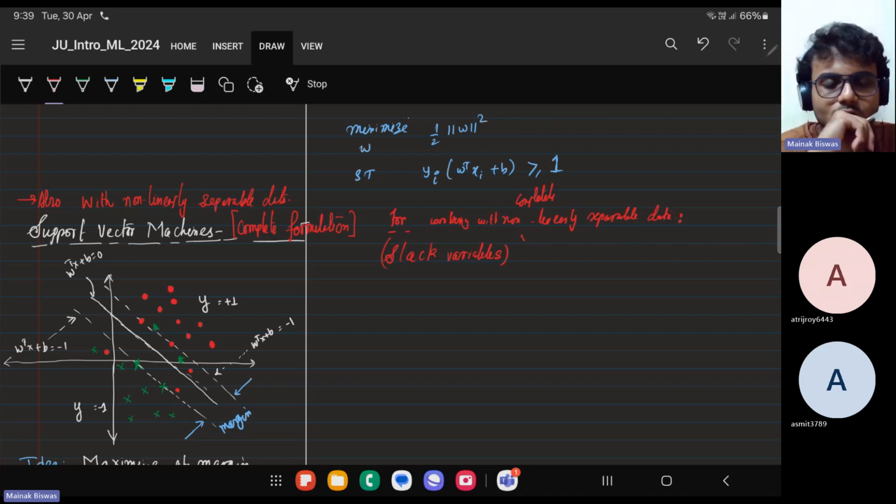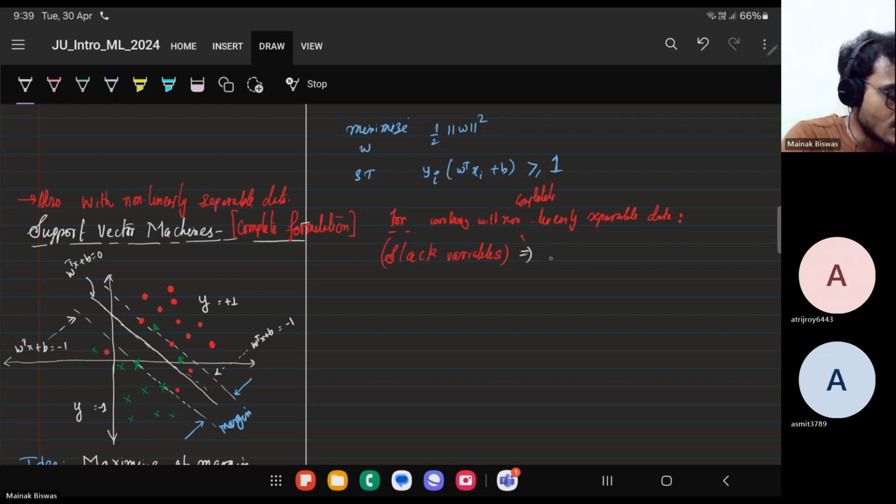What do slack variables do? Slack variables will account for this. These variables account for the non-linearity.